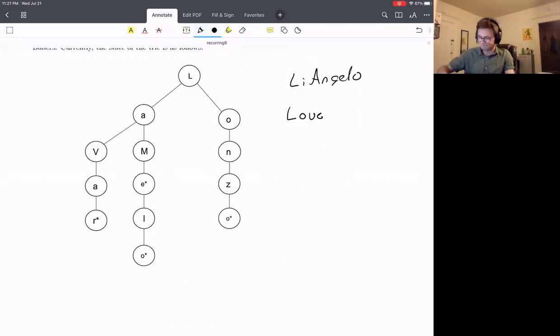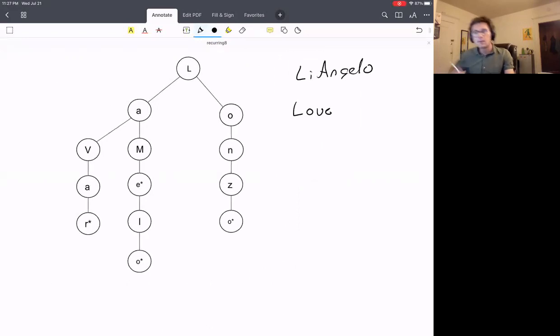But anyways, how would we add these? So basically, we're going to traverse down the prefix tree, and once we run out of prefixes, we're going to start adding nodes. So if we want to add LiAngelo, we are going to start at L. There's an L. So then we are going to look for a node I below the L. There is no I node, so we're just going to create one.